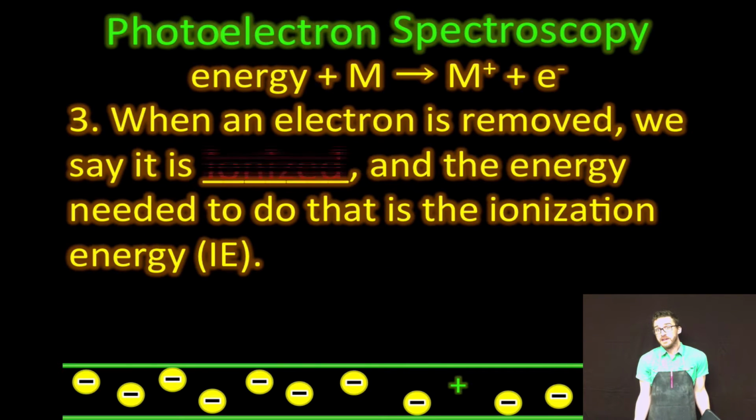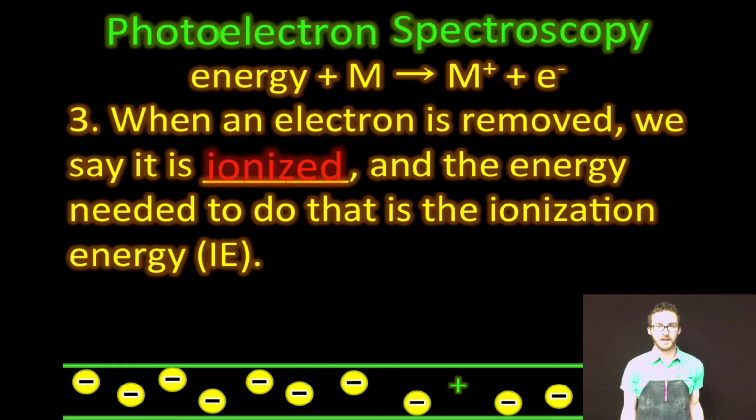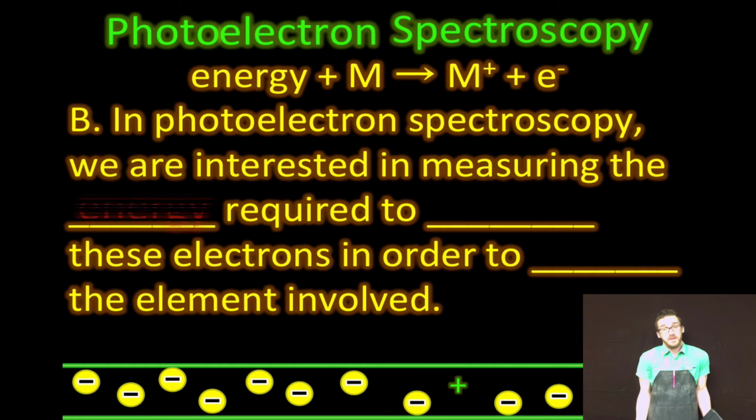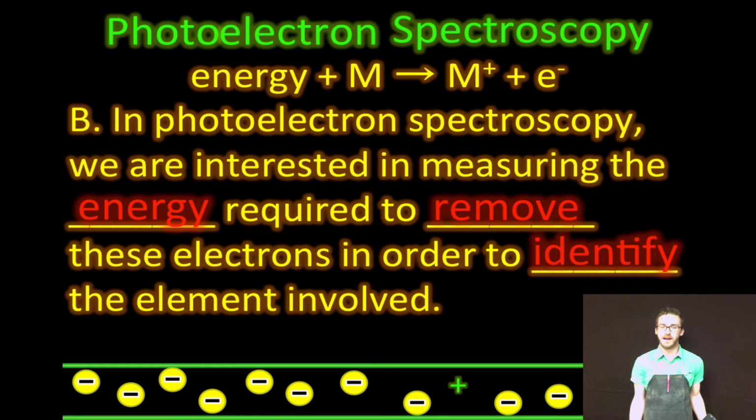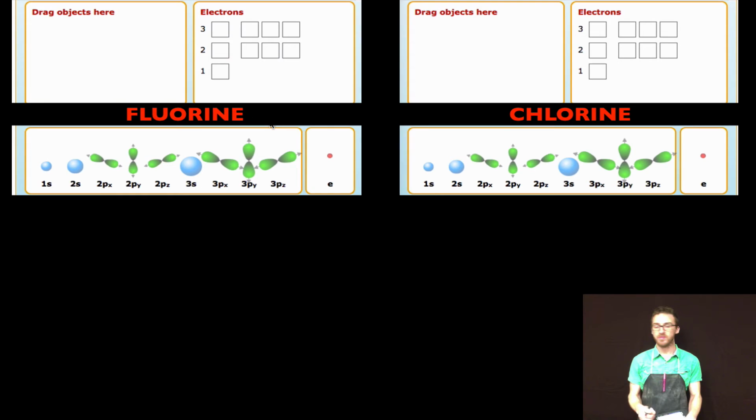When the electron is removed, we say that the species has been ionized, and the energy needed to do that is the ionization energy, abbreviated IE. In this type of spectroscopy, we are just measuring the amount of energy required to remove those electrons in order to identify the element we're working with, because each element has its own unique electron configuration.